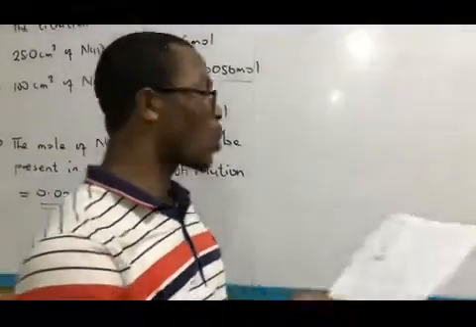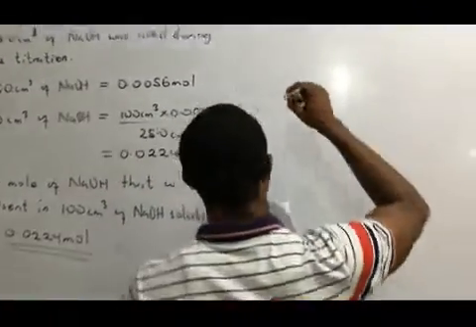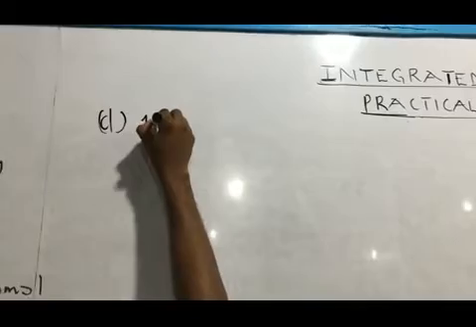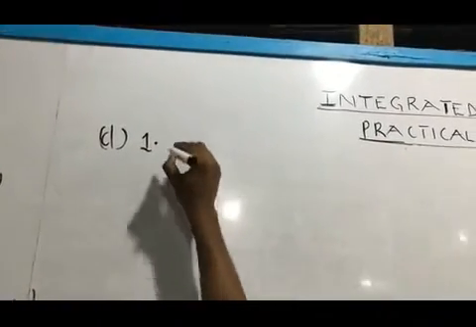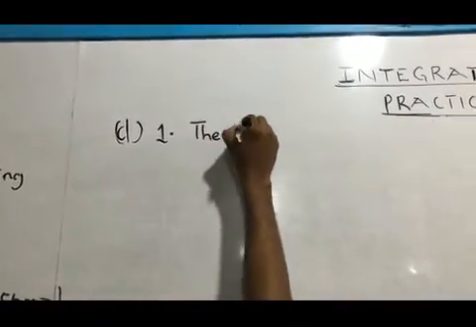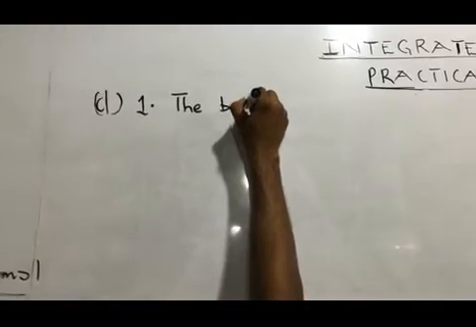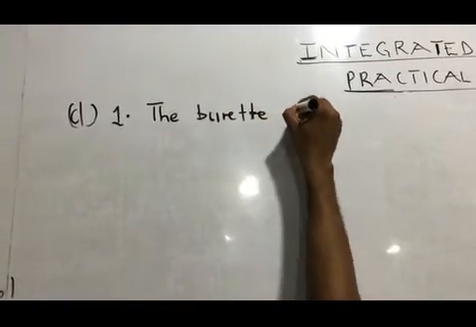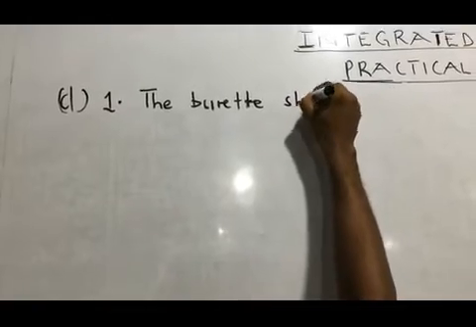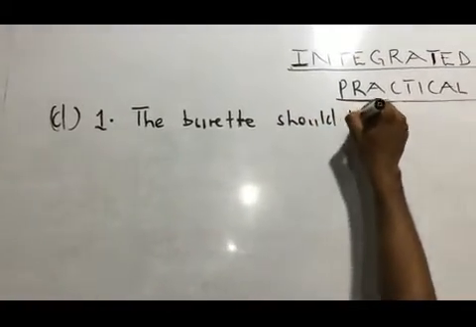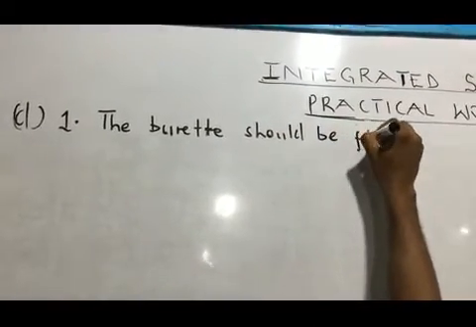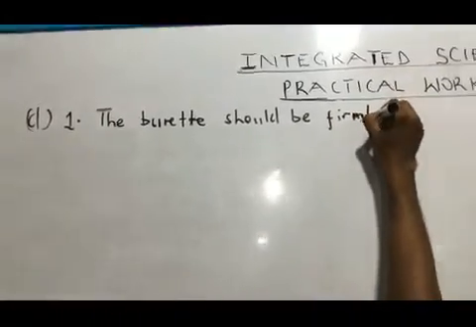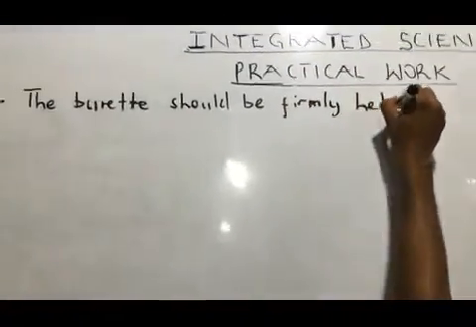Okay, so those are some precautions you're supposed to take note of. So for D, you're supposed to give the precautions. The first one, the burette should be firmly held in position.